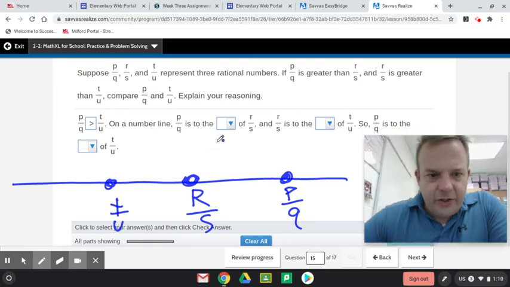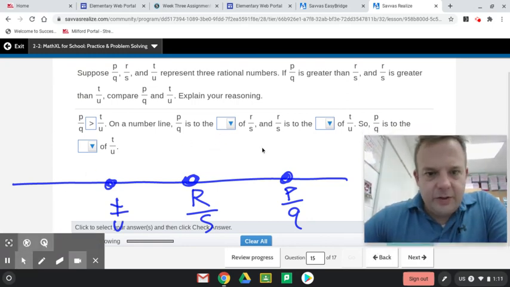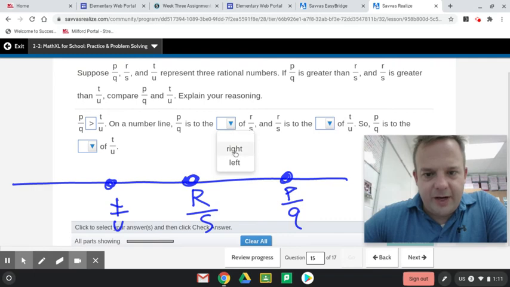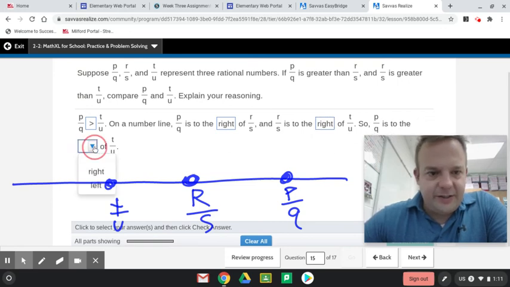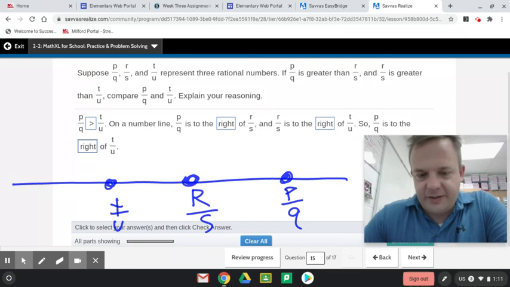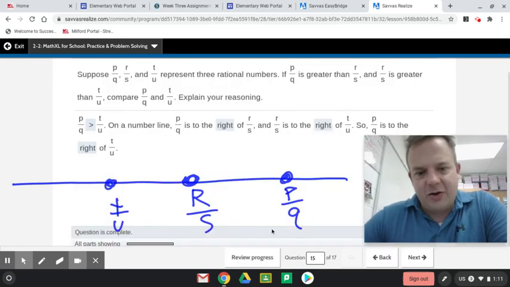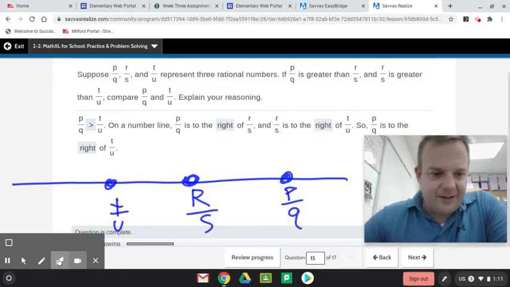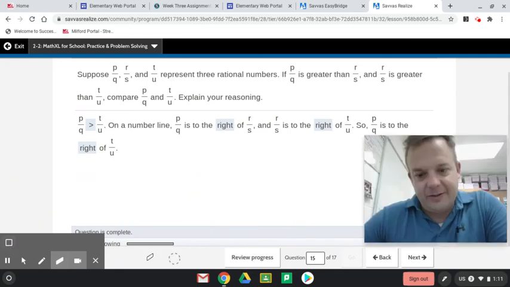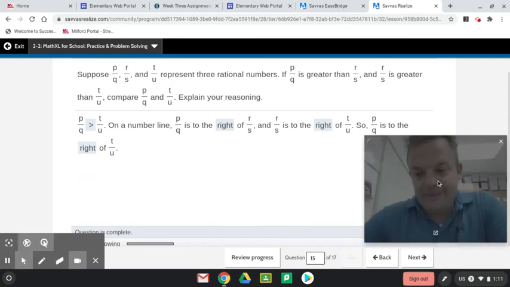So P over Q is to the right of R over S, and R over S is to the right of T over U. So P over Q is to the right of T over U. See, just drawing out the number line, again, to reiterate, that's really going to help you a lot.